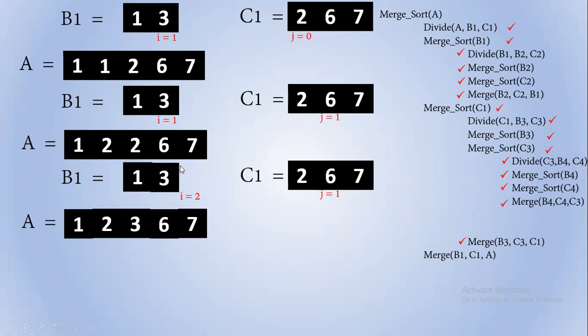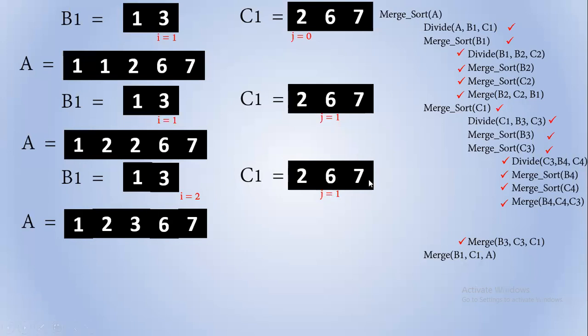That means this is over. Then what we are left to do is just add this 6 and 7 here. In the merge operation, when one array is full, we wrote in our pseudocode a for loop to append from this j value up to this C1's length.